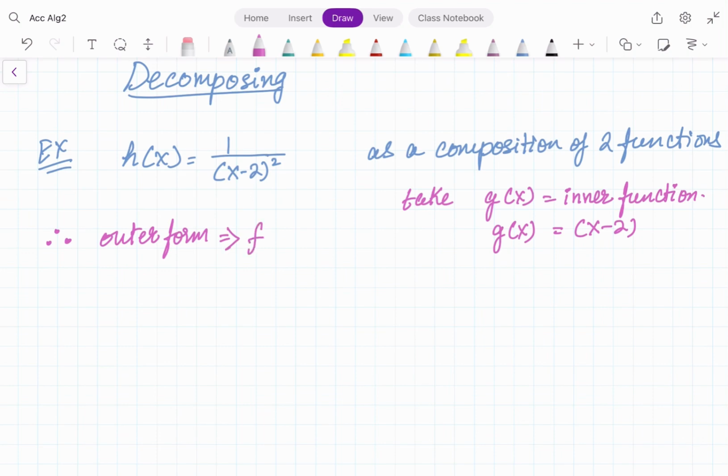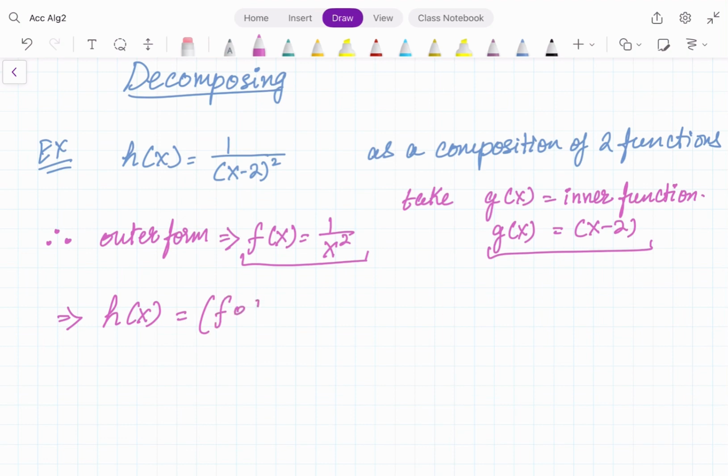because now the new x is x minus 2, right? So 1 over x squared. That should be my outside function because in 1 over x squared, x will be replaced with the new function, which is x minus 2. Let's see if it works with the composite function. So let's write down f composed of g of x.